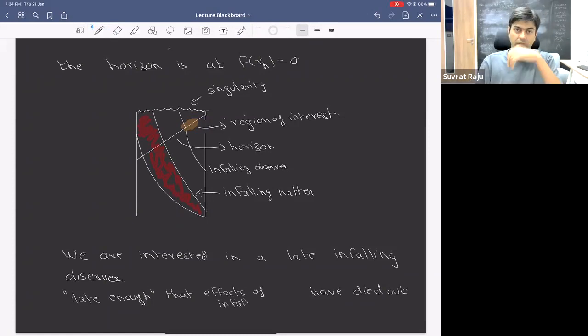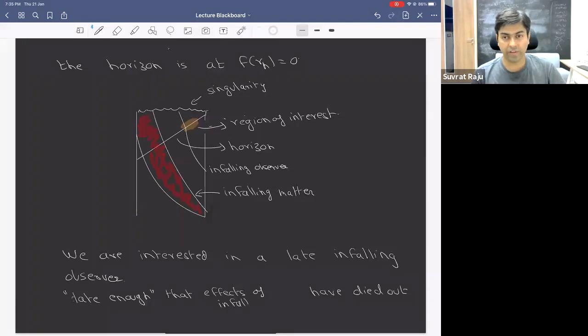But we don't want to consider times which might be extremely long. In extremely long times, it might be that there's Poincaré recurrence or something else happens. We do want to be at times which are much larger than AdS time, so that the effects of the infalling matter have died out and the geometry has settled down to the AdS Schwarzschild geometry that we wrote previously.